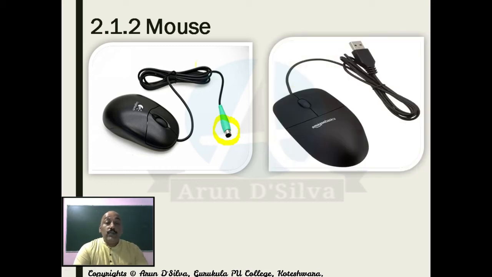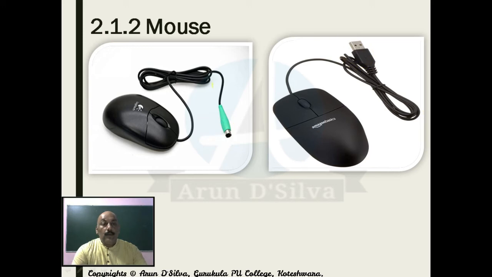This is the USB port. Both mice are the same, maybe the companies are different. This is Amazon Basics, this is Logitech. But both work. I think I made it clear.